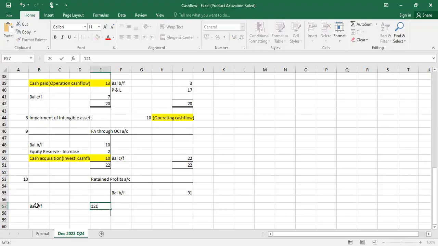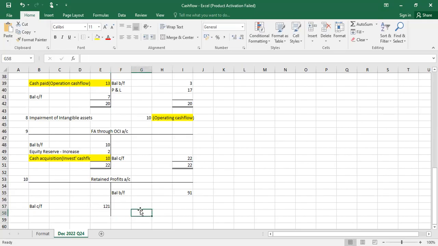I am looking at the retained profits account. So at the start of the year, it is 91. At the end of the year, we have 121. So why do we have that change?